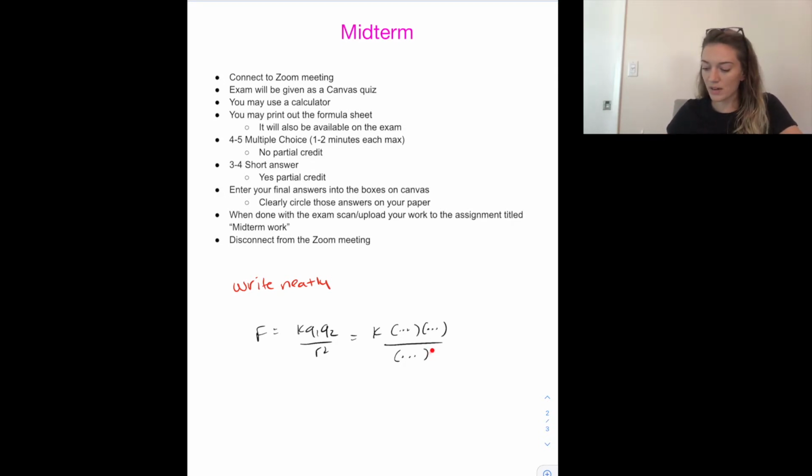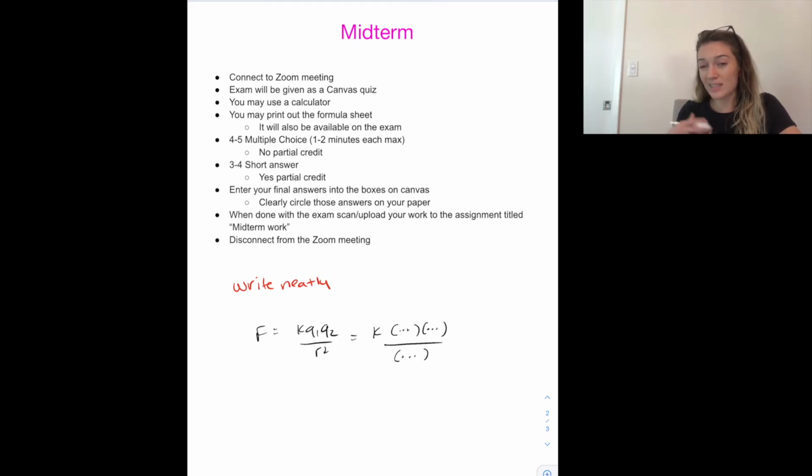If your work is very clear, where I can clearly see that you wrote down R squared here, but then just forgot to square it in your calculator, that's not something that's going to lose you any points. But that's contingent on your work being very clear, where if we can clearly see that that was your only error with that, we won't take off points for that.